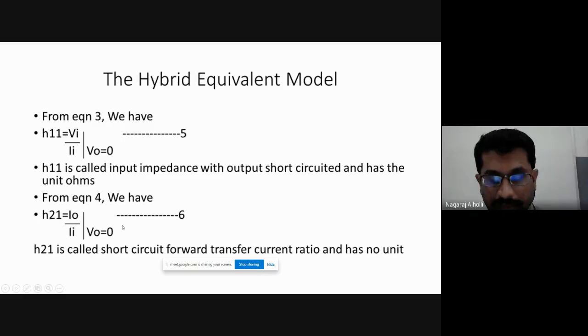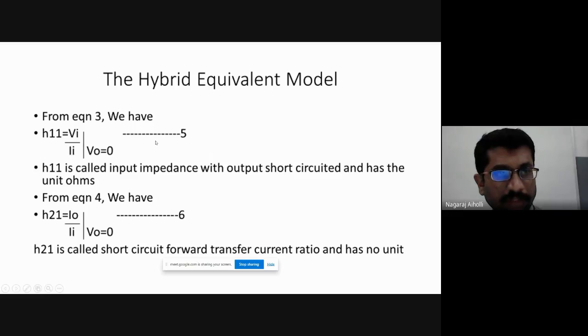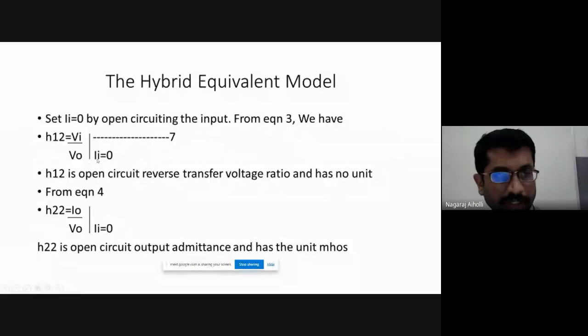Next condition: we substitute the other independent variable, Ii equal to 0. Putting Ii equal to 0 in equation 3, we get H12 is equal to Vi by Vo at Ii equal to 0. This H12 is the ratio of voltages, called the open circuit reverse transfer voltage ratio, and it also has no units.